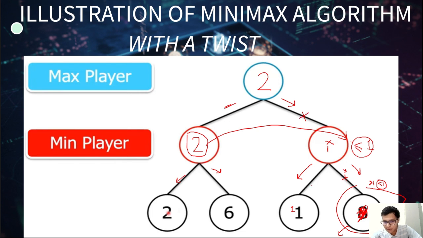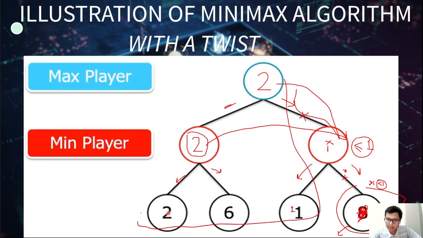First we cut this branch at the minimizing player's node, and at the maximizing player's node we cut this branch. So our tree is essentially composed of just this part, and this is called the pruning. Okay, I think you have got the logic very well, and let's go to the pseudocode now.